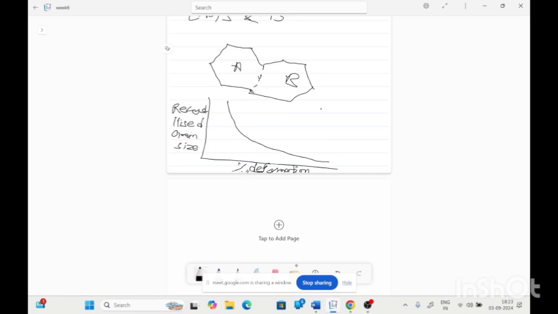With increasing percent deformation, means if cold work is higher, then the recrystallized grain size will be fine. And the minimum amount of deformation required for the recrystallization is called the critical amount of cold work.